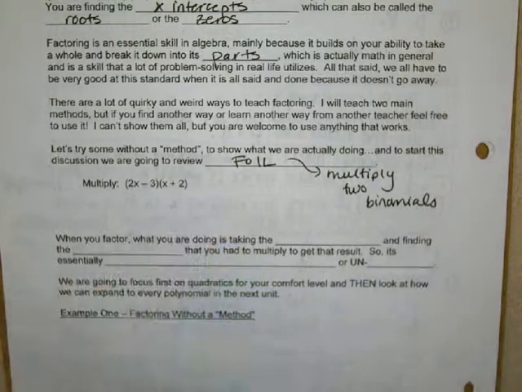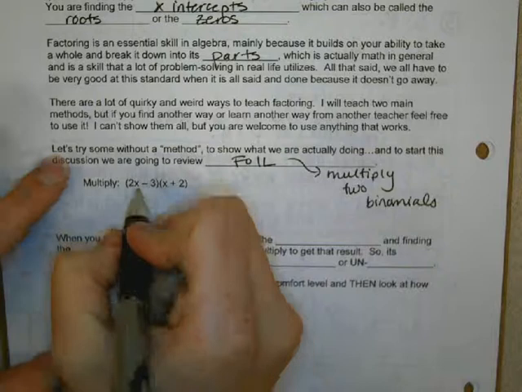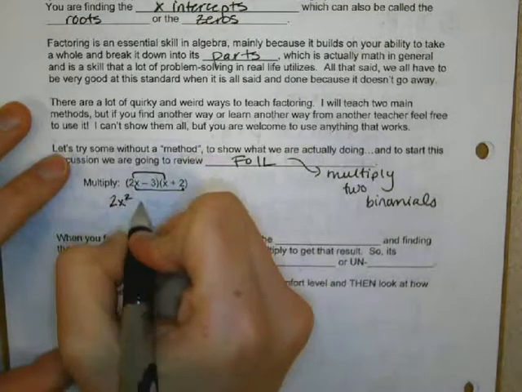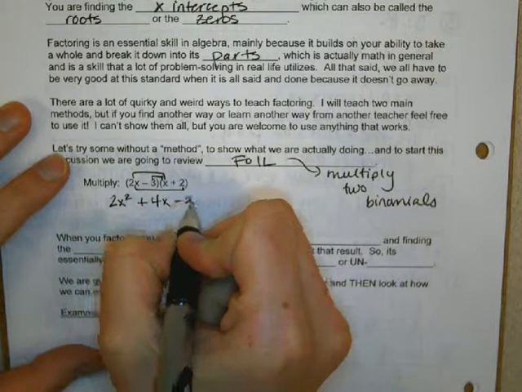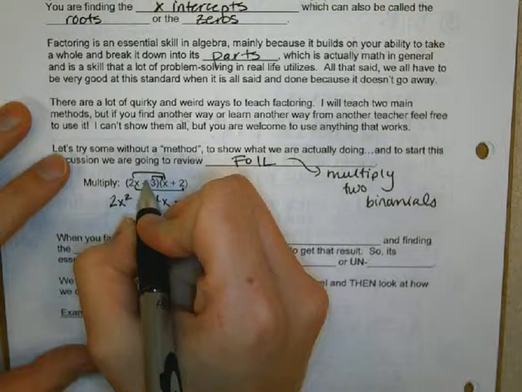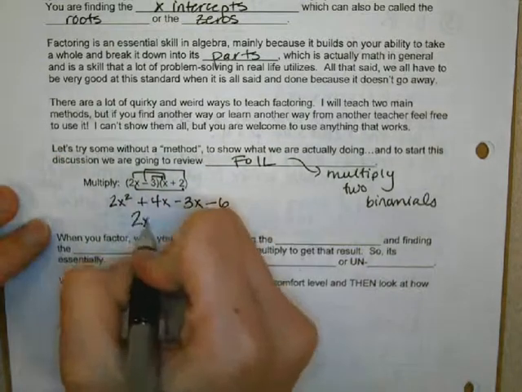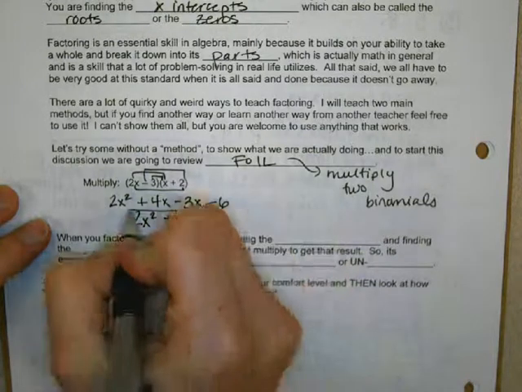We've been working with this, like when we've done complex numbers, we've FOILed and practiced that. Let's multiply these two together using FOIL. If we do that, you get 2x squared. Those are my first terms. Outer terms, 4x. Inner terms, negative 3x. Last terms give me negative 6. So I get 2x squared plus x minus 6 when I FOIL.